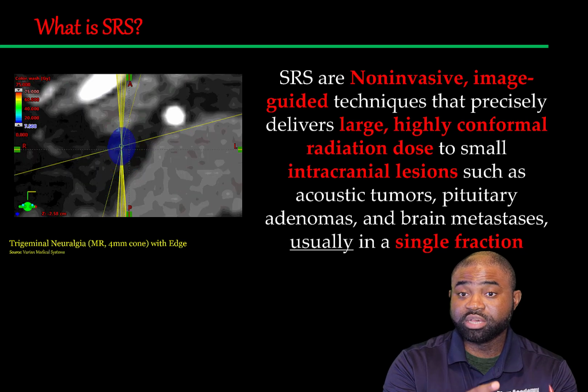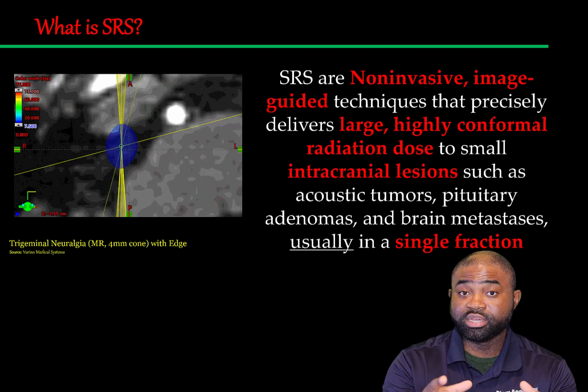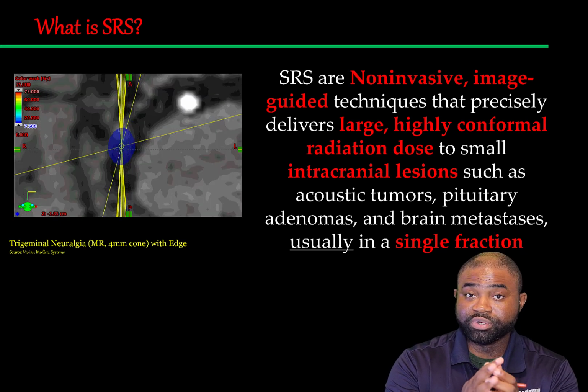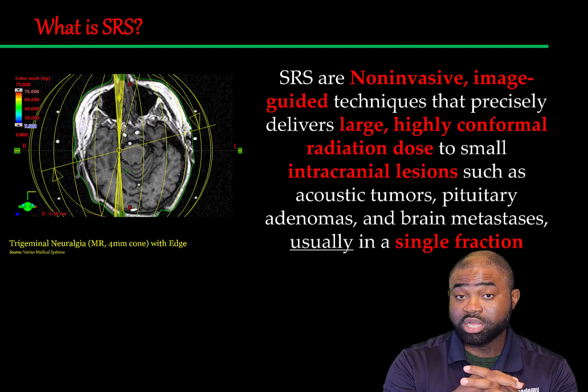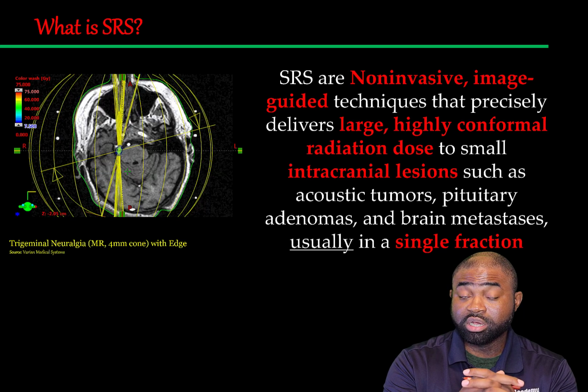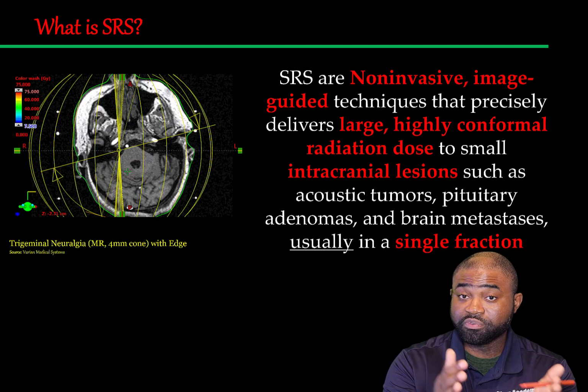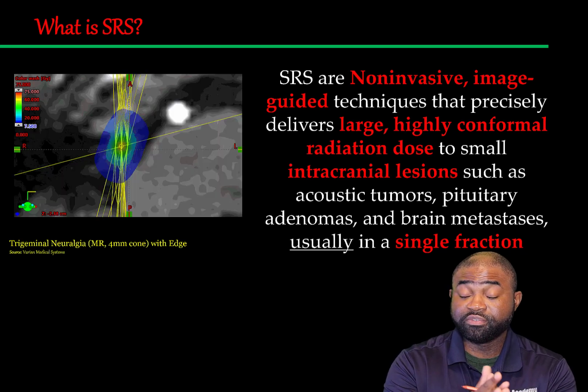These are all examples of intracranial targets typically treated by stereotactic radiosurgery techniques. We typically apply just a single fraction, and sometimes we do fractionated radiosurgery, where we could give up to about 5 fractions.